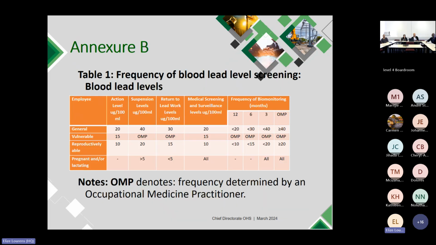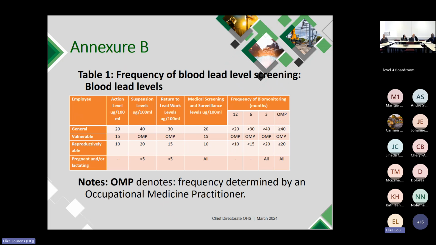Annexure B has 2 tables. Table 1 talks about the frequency for blood lead level screening and the blood lead levels. On the left side, we have a column that gives the different categories of employees: your general employees, the vulnerable, reproductively able, and then pregnant or lactating women. Then we have the action level, where we expect red flags to go up and the medical practitioner as well as the employer to start taking note and taking action.